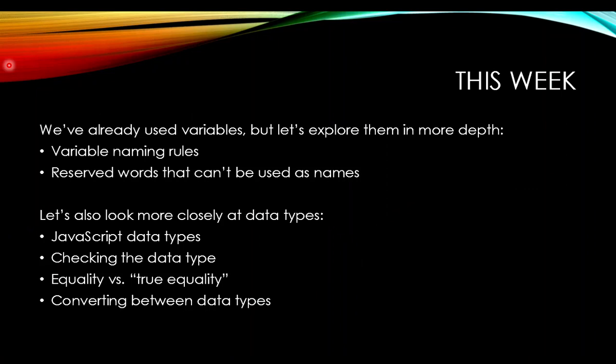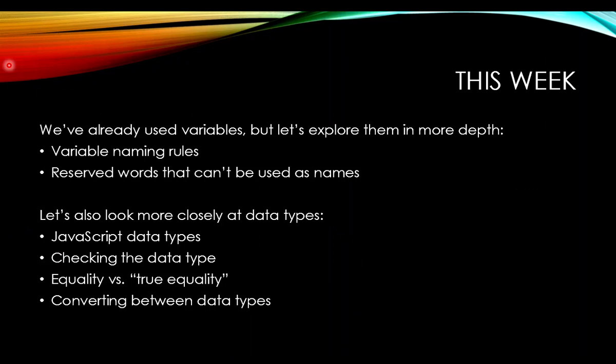Then let's turn our attention to data types. We want to understand JavaScript's use of data types, how it looks at things, and also just give you a little contrast with how this works in other languages. We're going to look at ways that you can check the data type. If you want to know what JavaScript actually thinks this thing is, you can find that out.